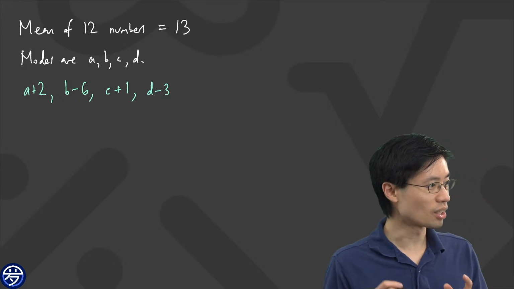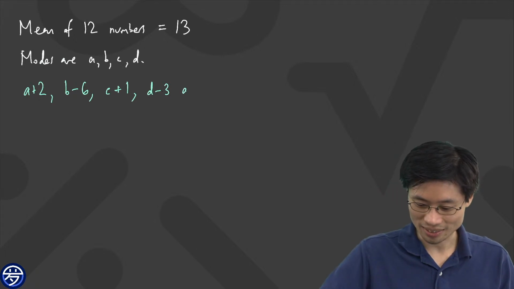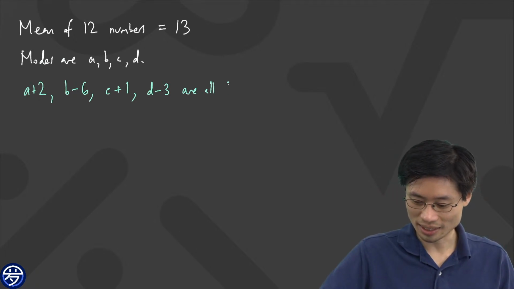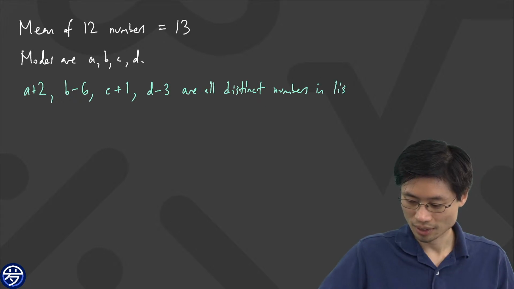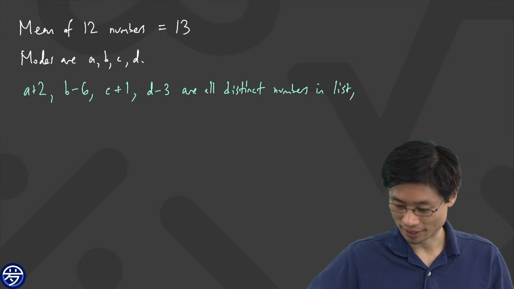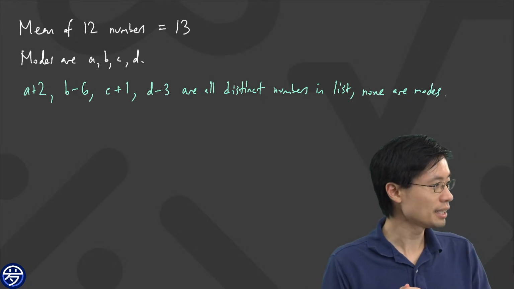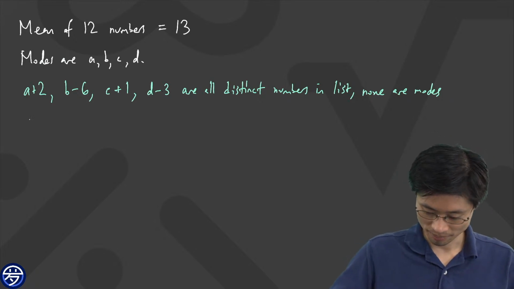Whoa, these are all distinct numbers in the list, but none of them is a mode. It also says that none of them are modes of the list. If that's the case, then the question is, what is A plus B plus C plus D?